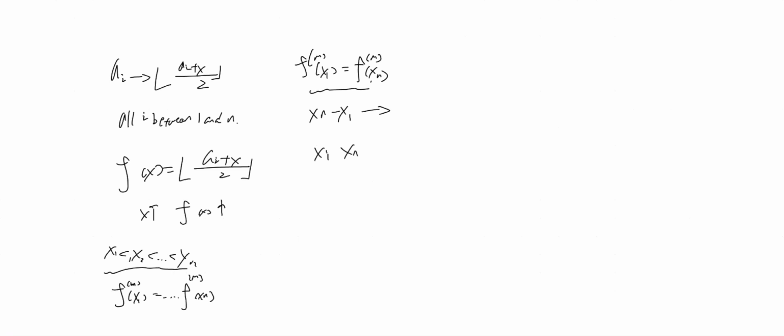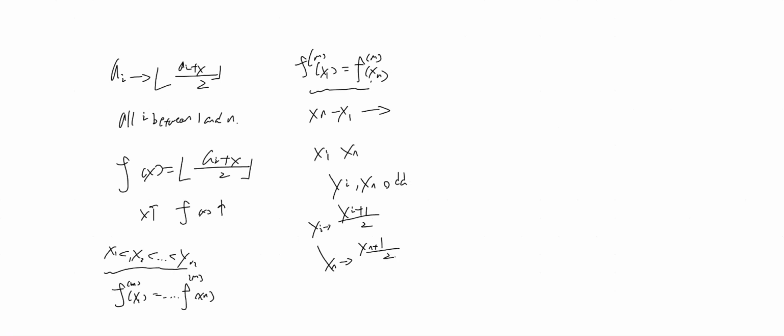If they are both odd, then we will pick x as 1. So if we pick x as 1, then x1 will change to (x1 plus 1) over 2, and xn will change to (xn plus 1) over 2.